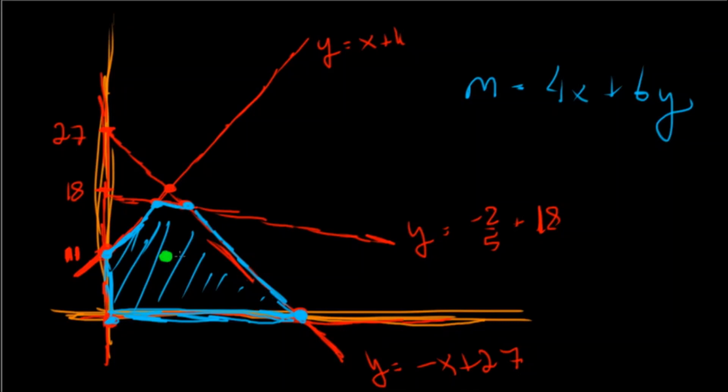Why is this? Because we can move left and make x bigger, thus making this quantity bigger. Or we could also move up and make y bigger, thus making this quantity bigger. So this point cannot be the solution. If this was negative, or this was negative, moving left or down would make this solution bigger.